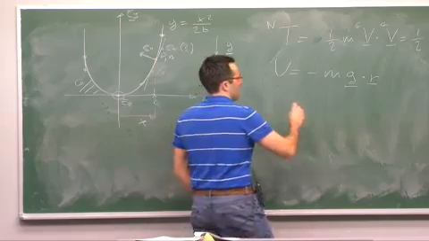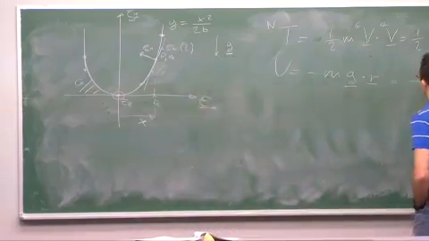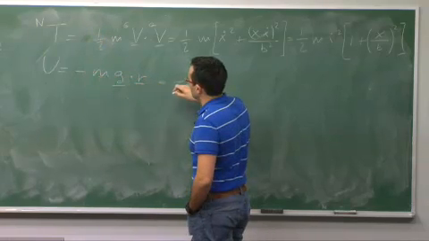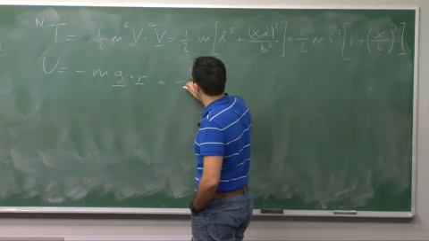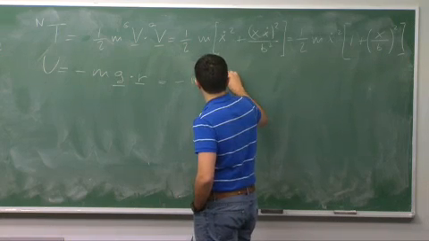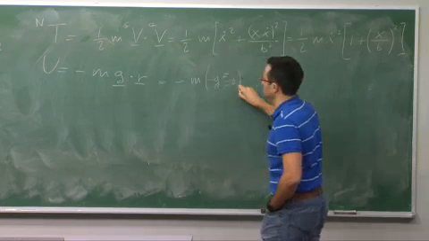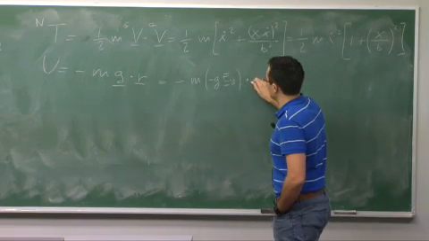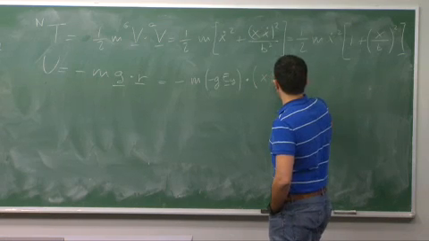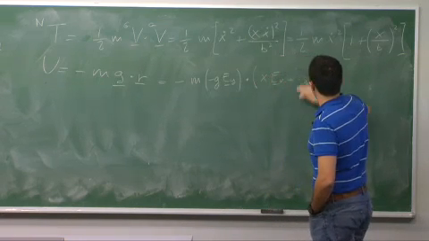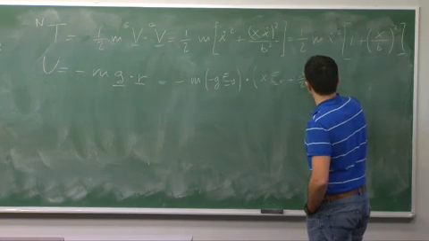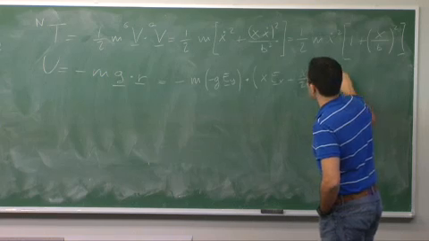What is this? Minus, okay, ey is actually pointing in the opposite direction, so mg is actually minus g ey, right? And this is dotted with r, and r is x ex plus y, well, I know that y is that expression there, x squared over 2b ey.